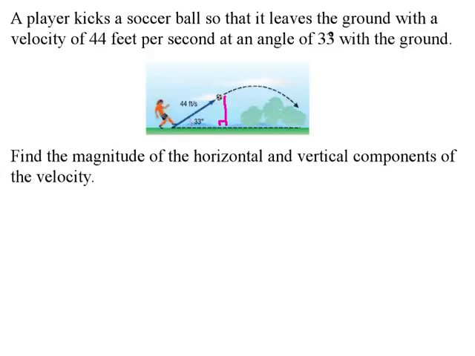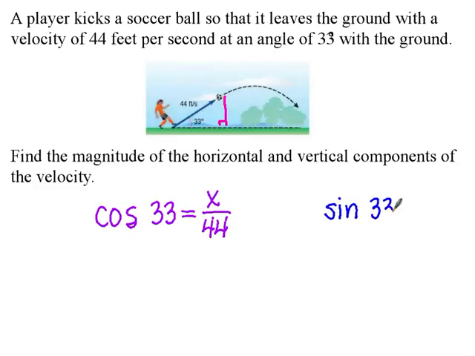The easiest way to do that is to draw this in as a right triangle. So how do you find x? How do you find y? We can go ahead and solve these as we've already done this.